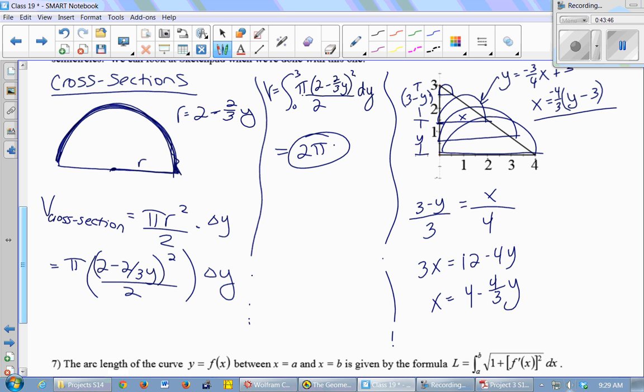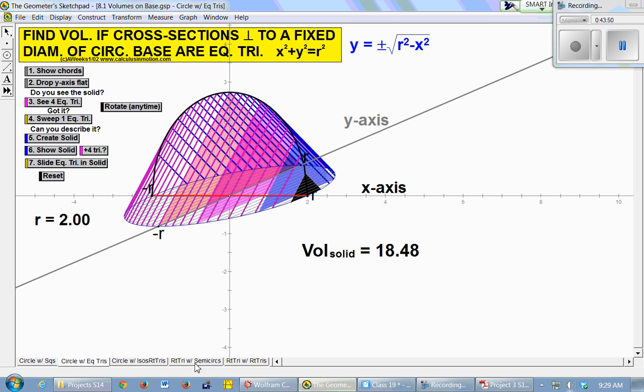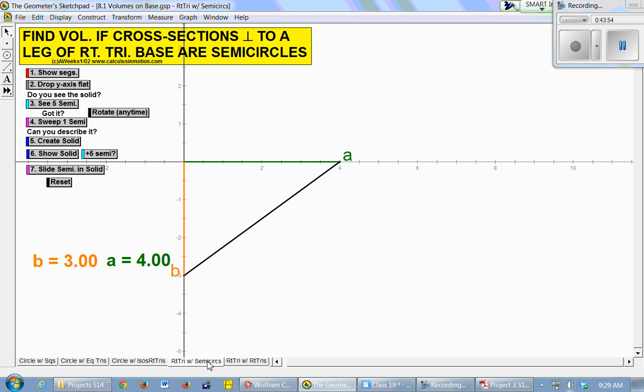All right, let's look at a quick picture of this. Here's my right triangle. This one's a little bit different because I built it under the x-axis, but it's got the same shape.